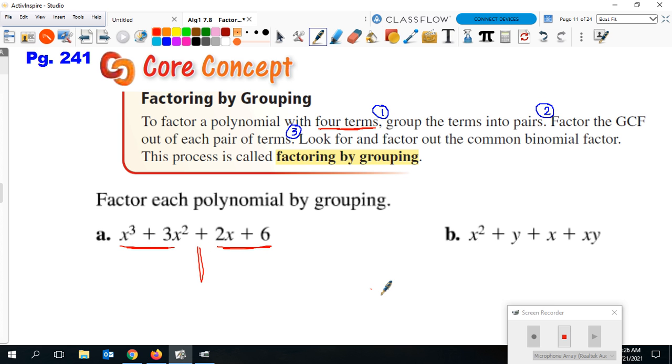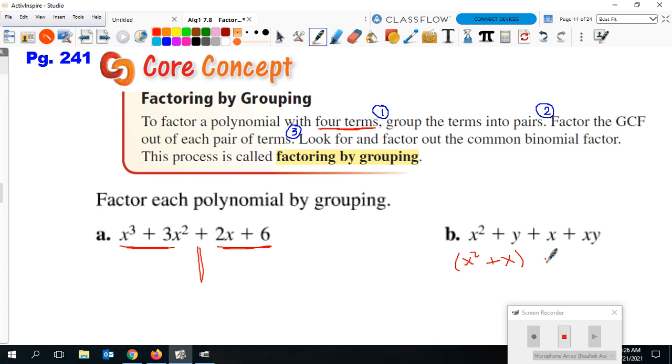But when we look at this one, where there's only letters, no coefficient numbers, you have some x's and some y's. We need to figure out which ones we want to group here. We really should put the y ones together. So we put the x squared first here, and then this x should come over. Group it like that. Those two should group together, and then we group these ones with the y.